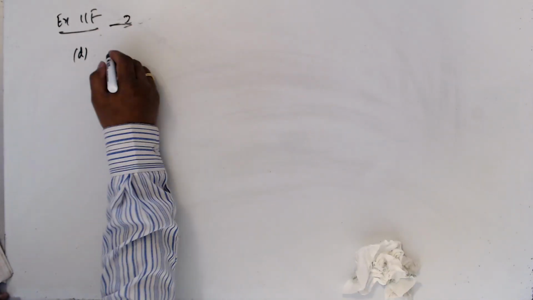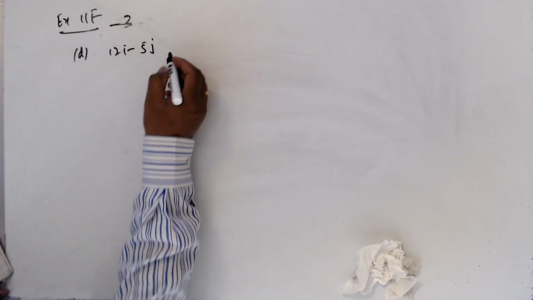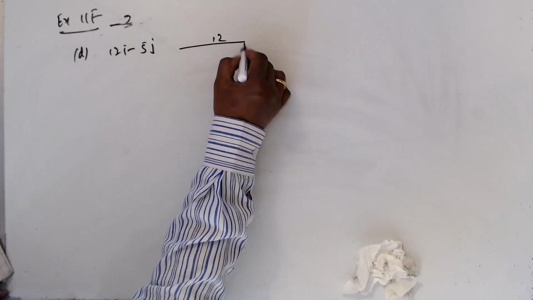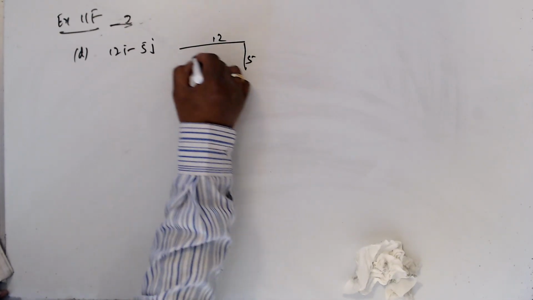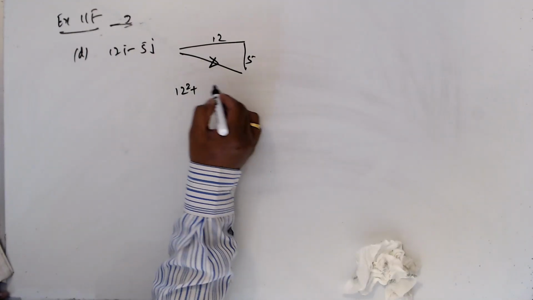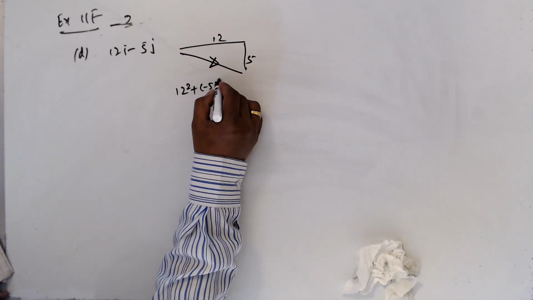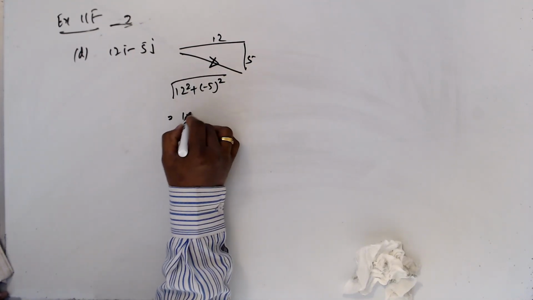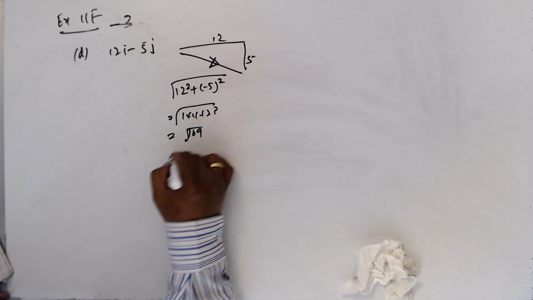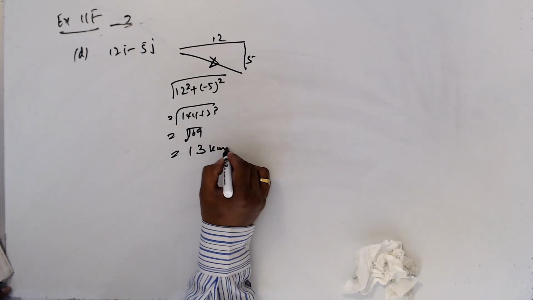Now 12i minus 5j. 12 in this direction, 5 in this direction. So for this direction, the speed is square root of 12 square plus minus 5 square, 144 plus 25, 169, square root, that is going to be 13 km per hour.